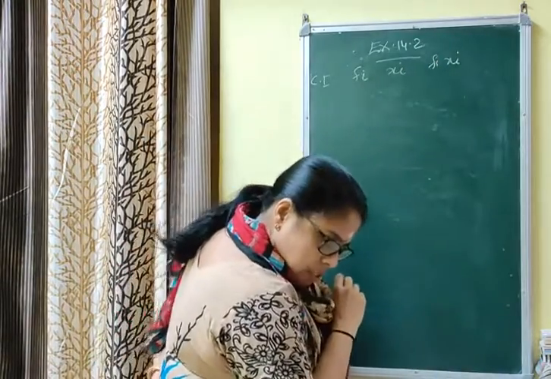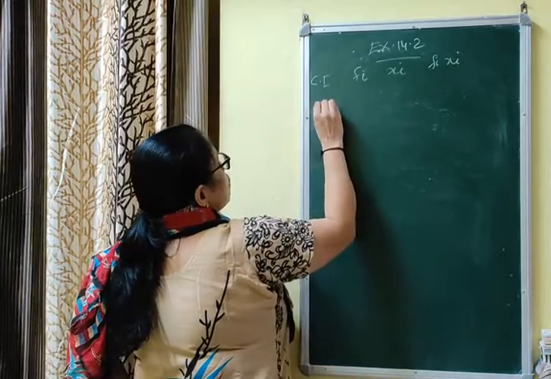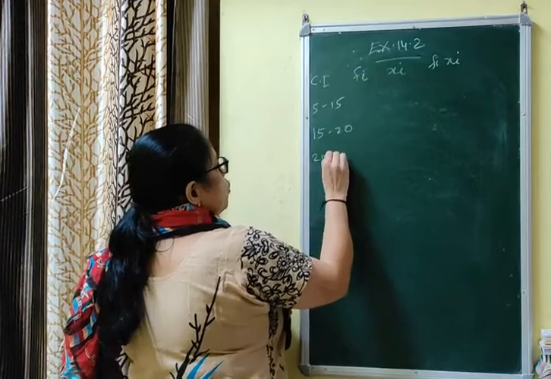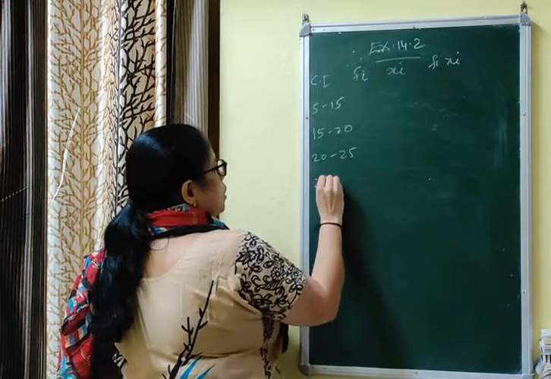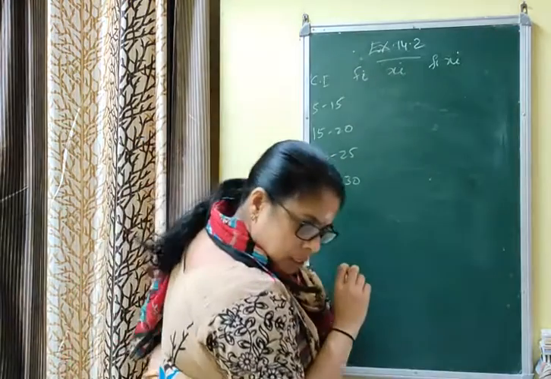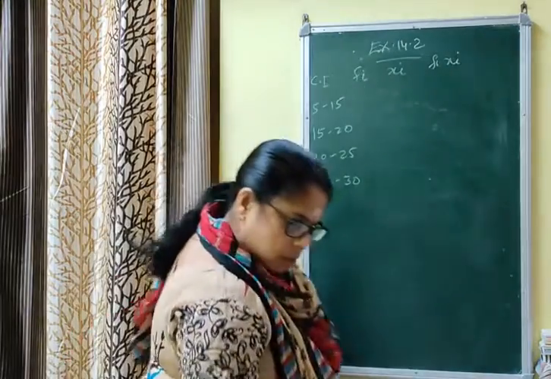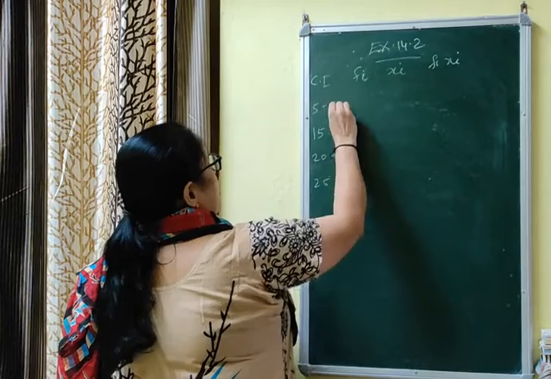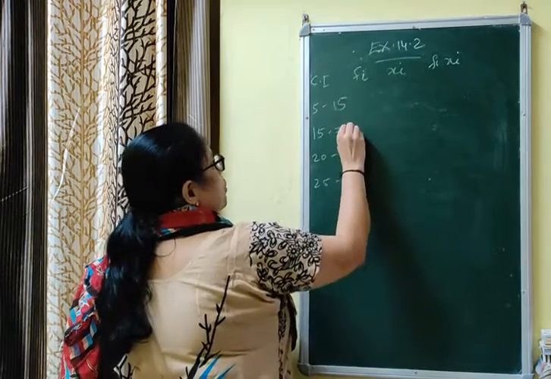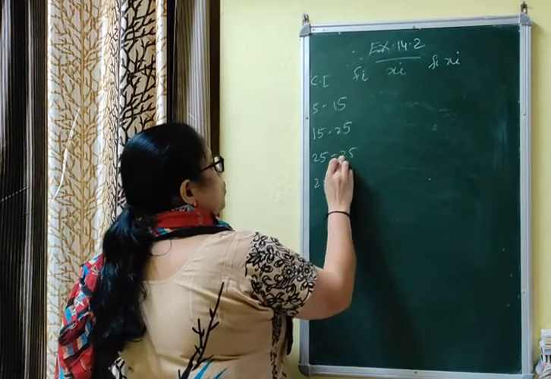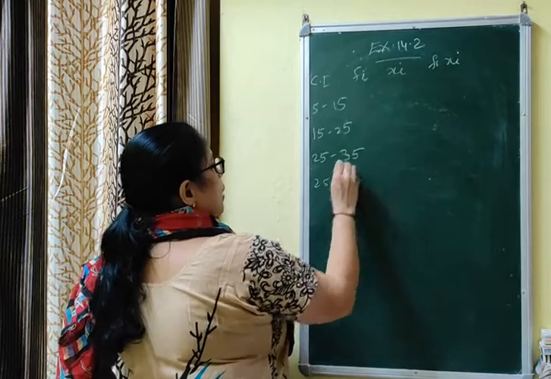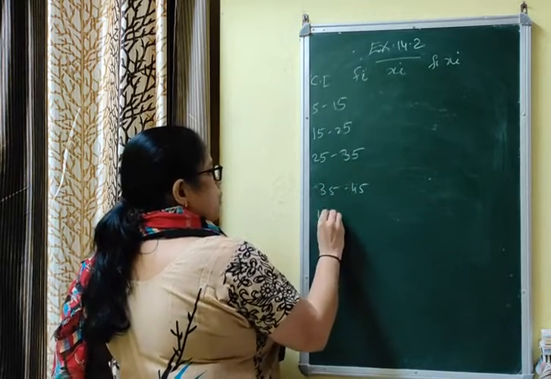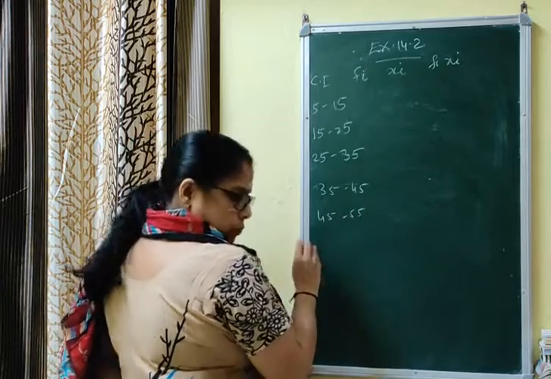Now the first class is 0 to 5... sorry, the gap is 10. 5 to 15, 15 to 25, 25 to 35. 10 का gap है. Now 35 to 45, 45 to 55.